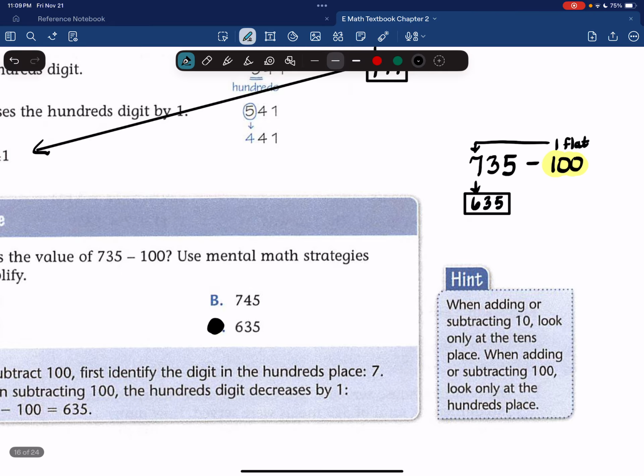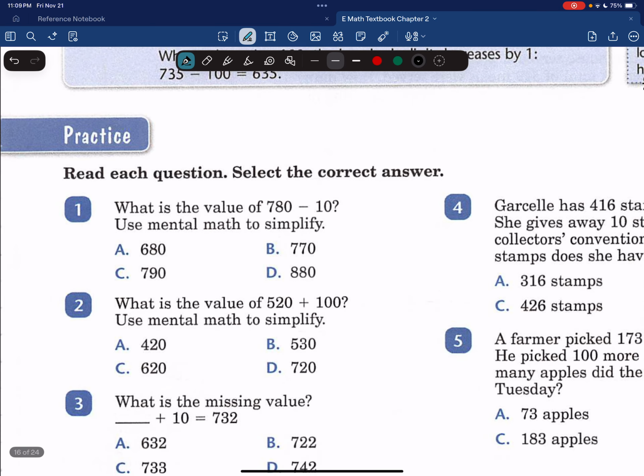Hint: when adding or subtracting 10, look only at the tens place. When adding or subtracting 100, look only at the hundreds place or the flats place. So let's practice.